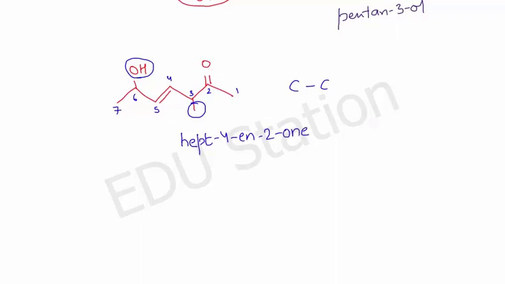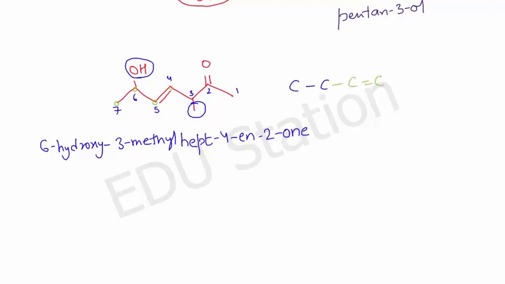So on 6 you have hydroxy, 3 you have methyl, so it will be 6-hydroxy-3-methyl. Or what you can do, you can convert into a normal format. Say 1, 2, 3, 4. You make 4 carbons.